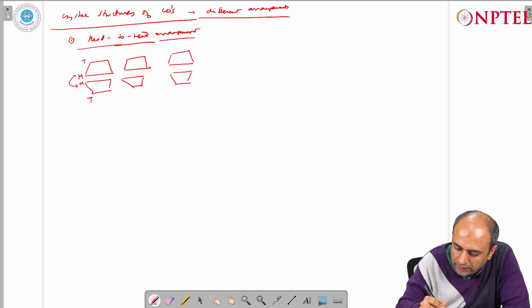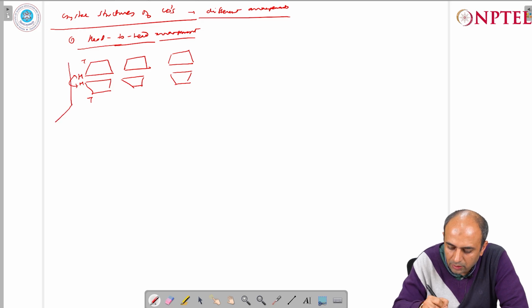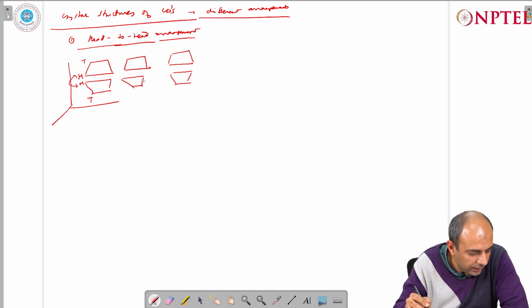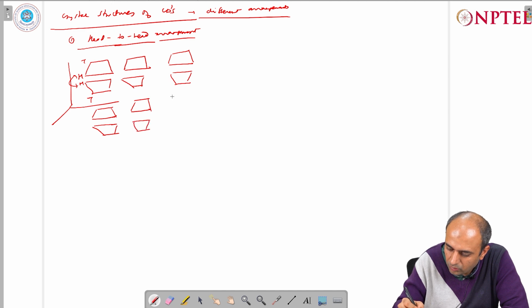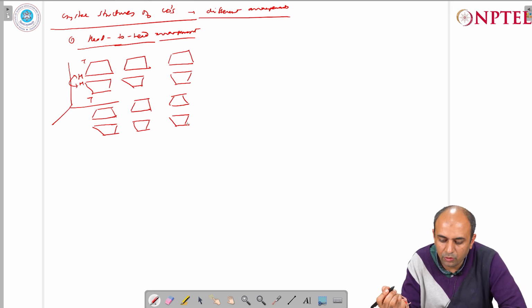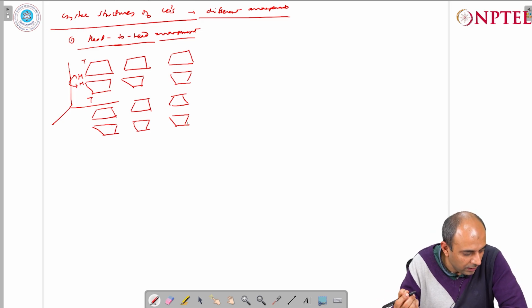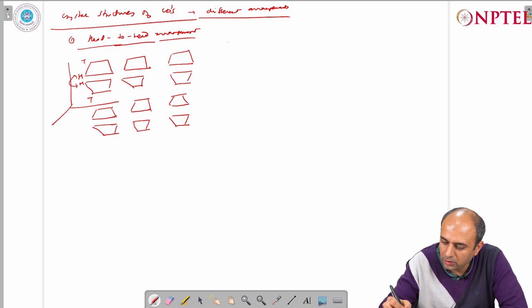So you have a head to head arrangement of these cyclodextrin moieties inside the unit cell, and then they can repeat themselves. So this is one particular head to head arrangement. We can have the head to tail arrangement. So this is the second one.